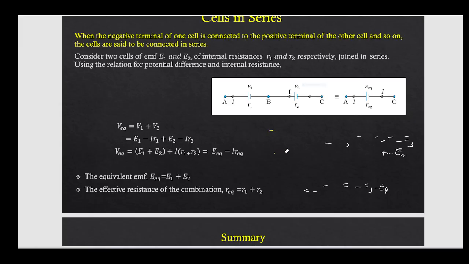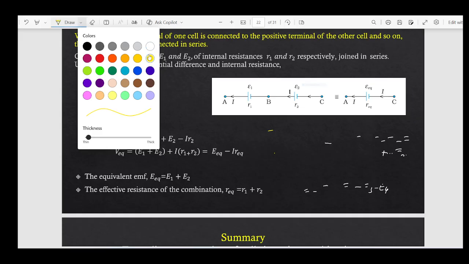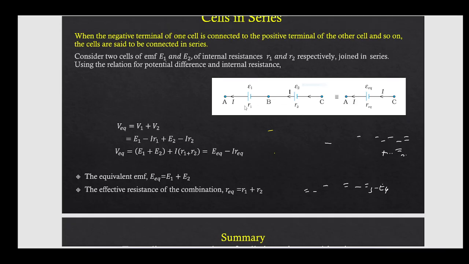Okay, in the diagram you can check. We have two cells connected in series so as to send the current in the same direction. So we get E equivalent minus I equivalent R equivalent.